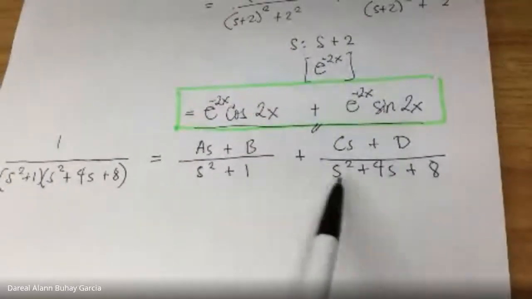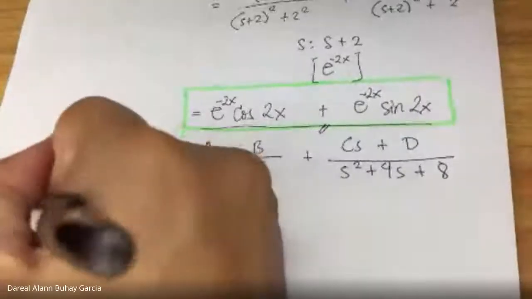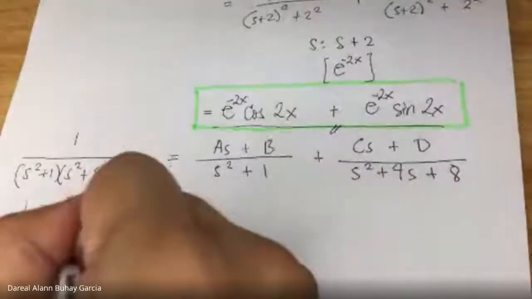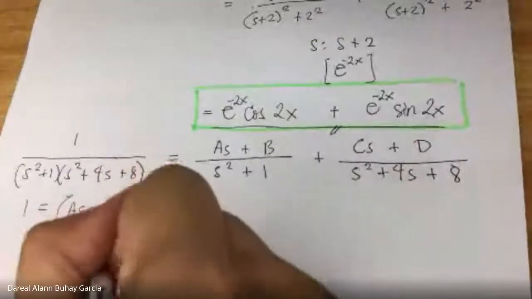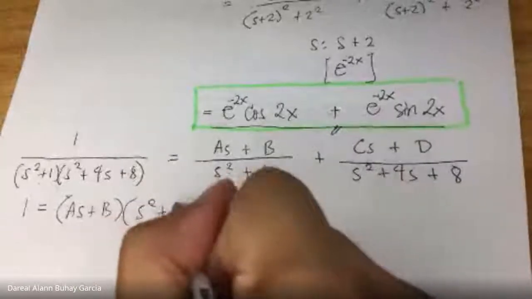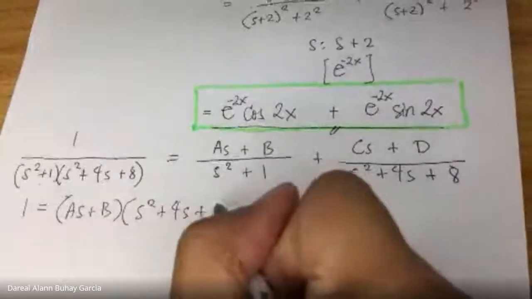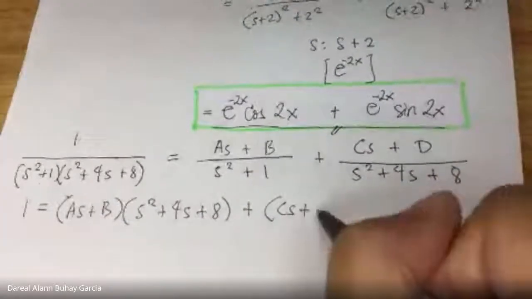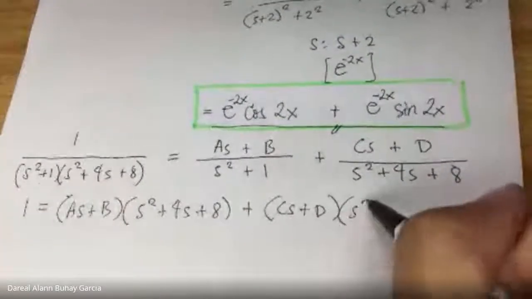Then cross-multiply. So 1 is equal to As plus B times s squared plus 4s plus 8, a bit long, but just bear with it, plus Cs plus D times s squared plus 1.